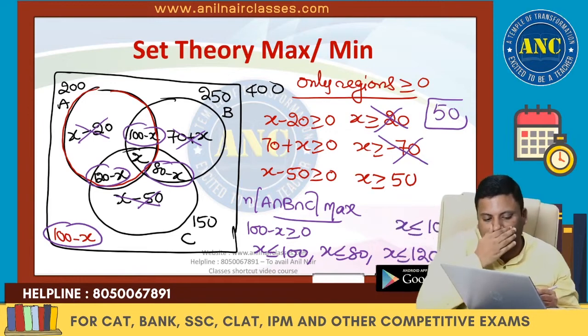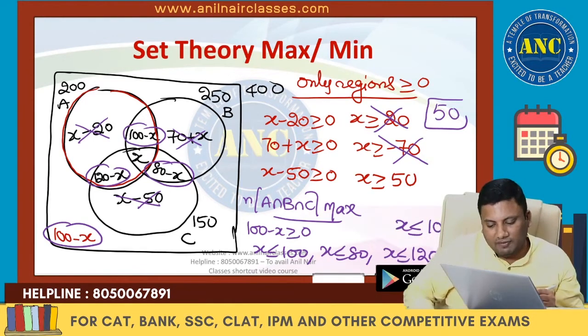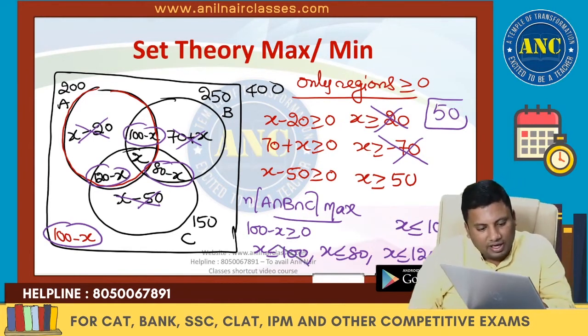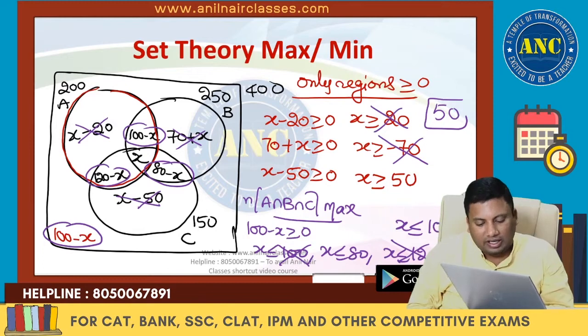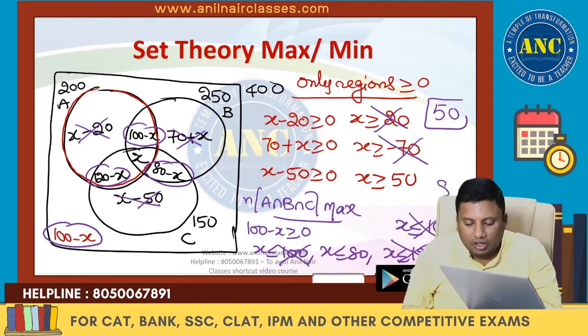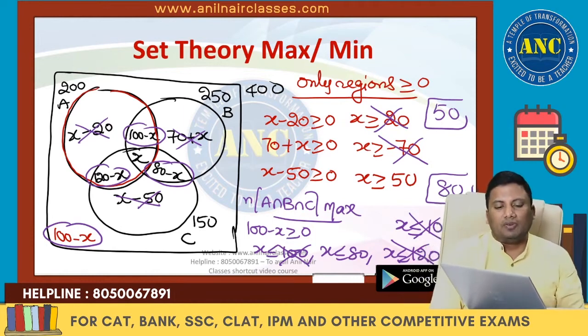Now see, which one will give you a negative value? 80 minus 100, no. We have to take the intersection of all these. 80 minus 120, no. So the maximum value of A intersection B intersection C will be 80.